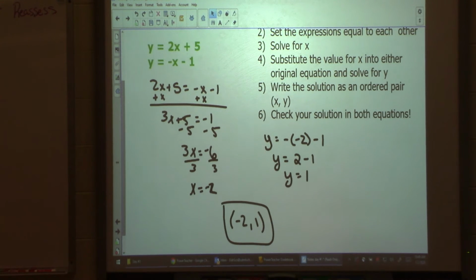You should be able to put it in either one and get the same thing out. So you put it into this one, you got negative 4 plus 5, negative 1. So our answer should be negative 2 and negative 1. Whichever you put, we got one out of both.